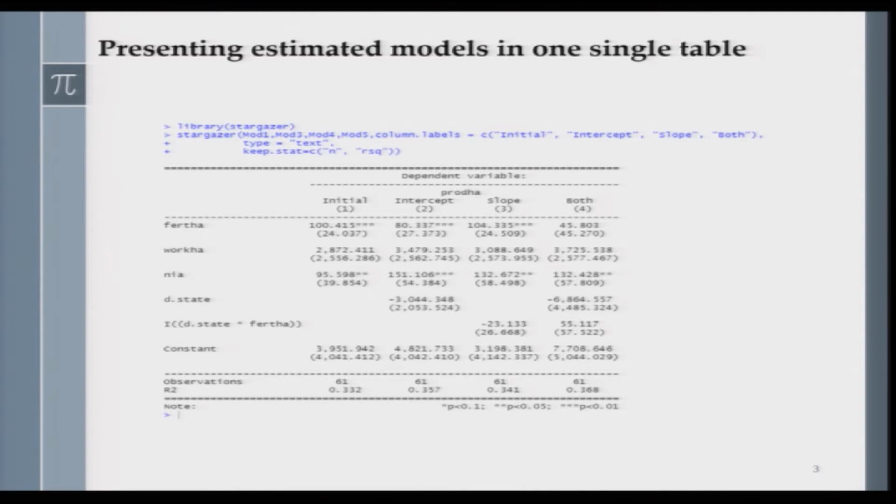You see here I am showing you a screenshot from R, and the first line shows that in library I have this package downloaded and installed. The stargazer is shown within parentheses, and then you write the command that you see in the second line. It is a little bit lengthy, but it shows you how to represent different models.